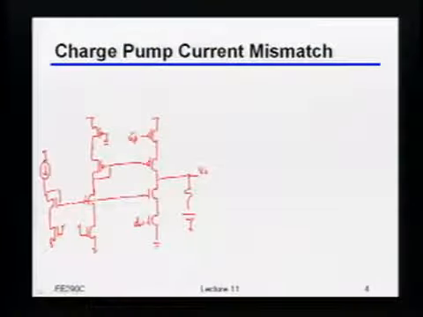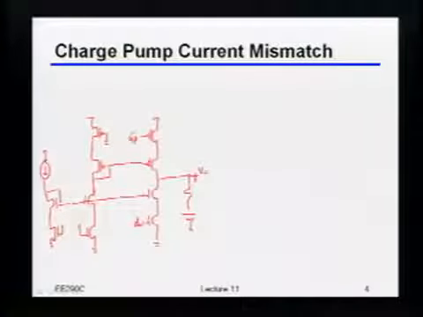Okay, so let's say that you want to build a PLL that has as wide a frequency tuning range as you can get. What is that going to say about what you're going to want to do with this control voltage? You want to be able to move that control voltage as much as possible, right?